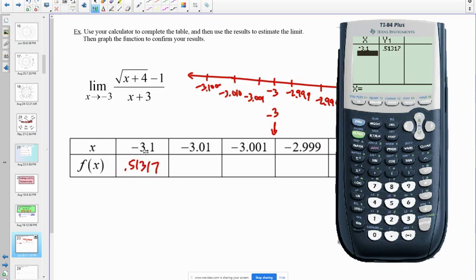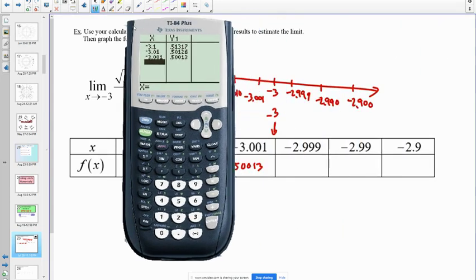0.51317. And then I'm going to put in negative 3.01, and that answer is 0.50126. And you can see what I'm doing. Negative 3.001, that's 0.50013. And let me go to the right of negative 3.